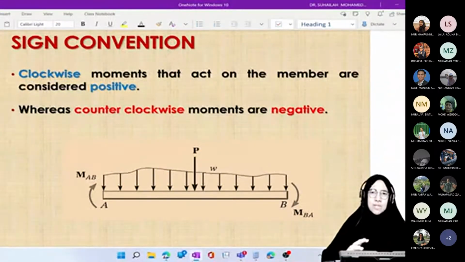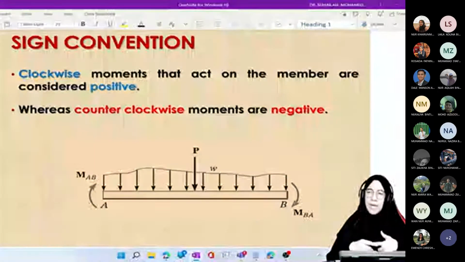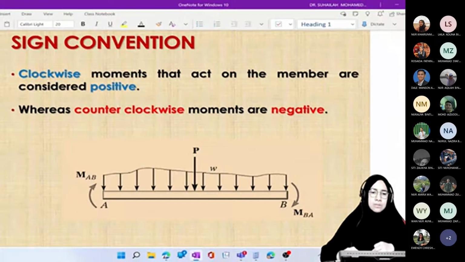But the first assumption must be that clockwise moment acting on a member is positive. So joint moment will be negative. Joint moment is always opposite. So just remember that joint moment and member end moment are opposite. That is why whenever you distribute, you have to change sign because of the opposite condition of joint moment and member end moment.